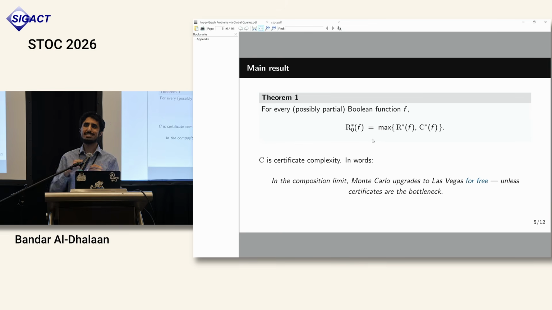The certificate is the minimum number of bits that you need to uncover to prove that the function has a specific output. Those bits that you uncover compose the certificate. So essentially what we're saying is that as long as certificate complexity is not the bottleneck, in the limit, Monte Carlo upgrades to Las Vegas for free, which is pretty interesting.